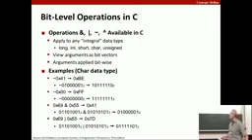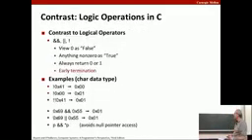So as I mentioned, those are available directly in C: the ampersand, vertical bar, tilde, and caret. One thing that's really, really important, and that programmers screw up all the time, beginning programmers a lot, and even experienced programmers from time to time, is to mix up the single ampersand and the double ampersand, or the single vertical bar and the double vertical bar, and the tilde versus the exclamation mark, which is often pronounced bang.